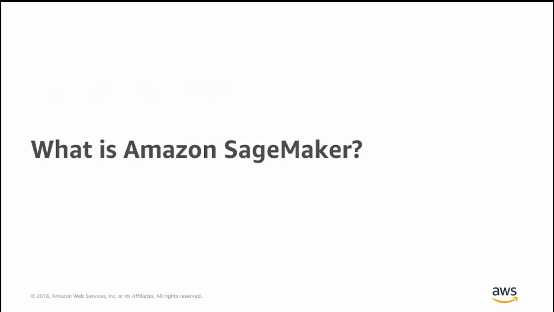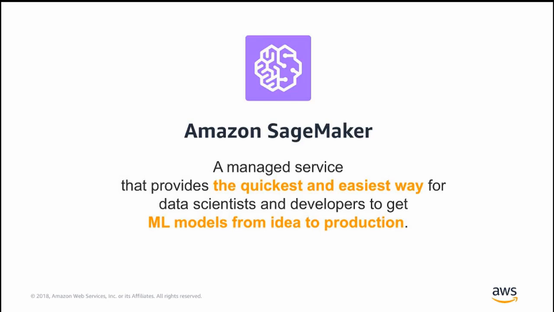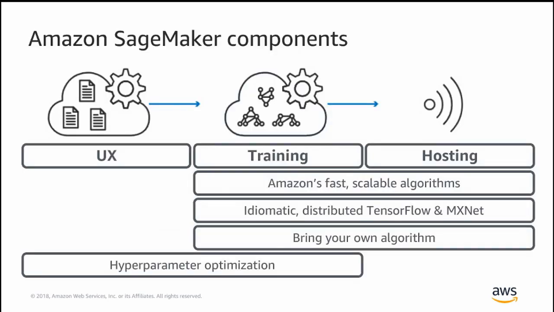So starting with what is SageMaker? SageMaker is a managed service that provides the quickest and easiest way for machine learning scientists and developers to get their models from idea into production. SageMaker has three components: UX, training, and hosting. Each of these three components can be used independently or all together, which is how we think they work best.